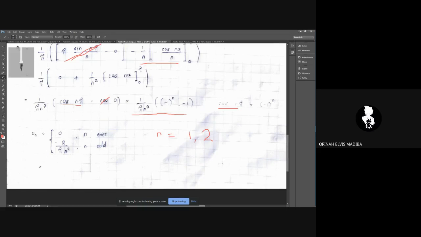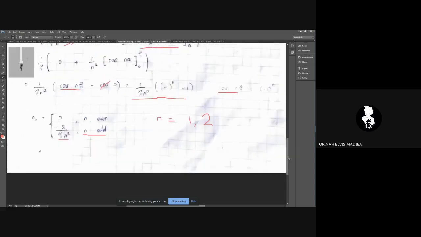So we have negative 1 minus 1, which is negative 2. That's why you have negative 2 over pi n squared when n is odd. But when n is even, negative 1 to the n becomes 1, and 1 minus 1 is 0. So the whole thing becomes 0. This is why we have this part here, and that is the first section of the calculation.